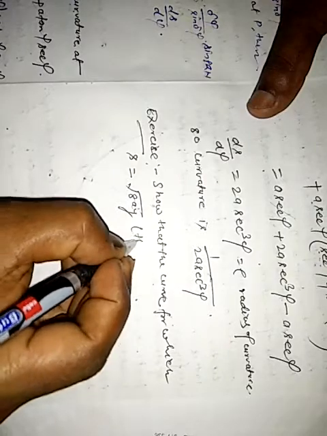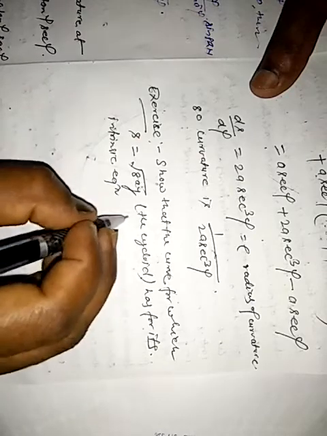Show that the curve for which s is equal to under root 8ay has its intrinsic equation s is equal to 4a sin psi.